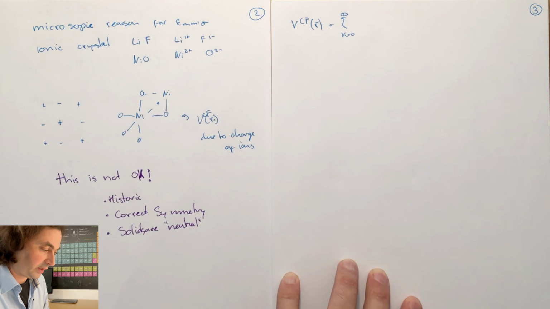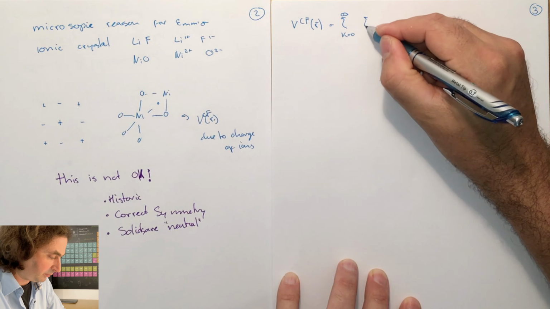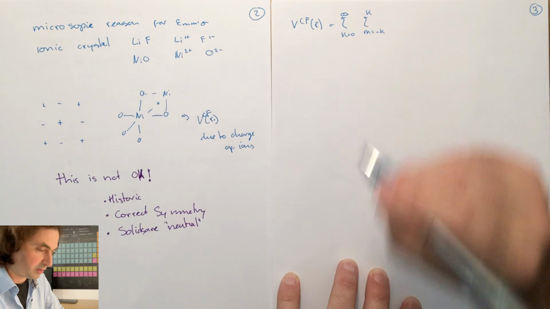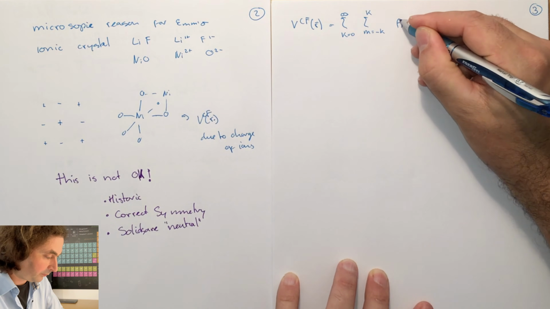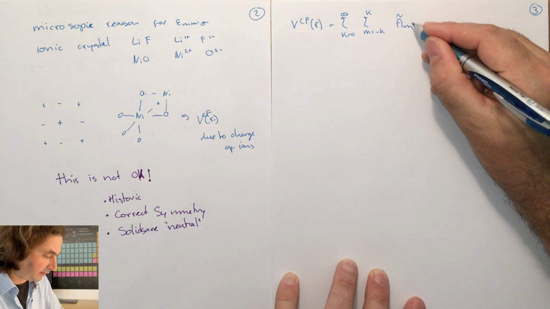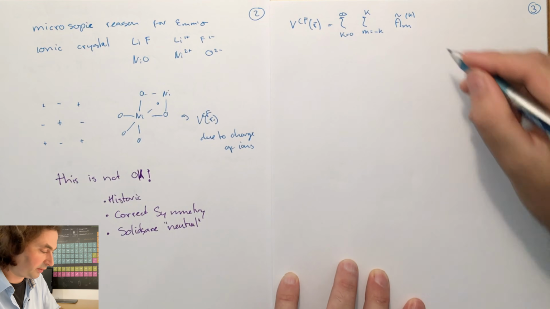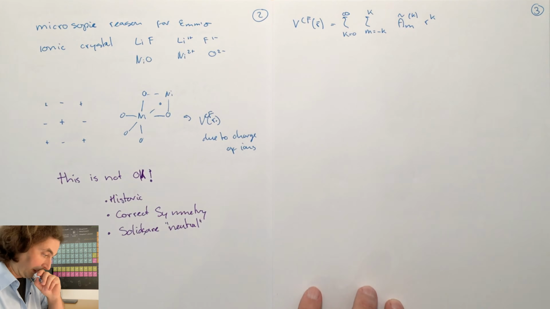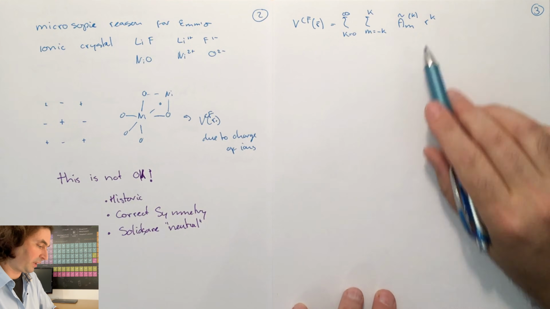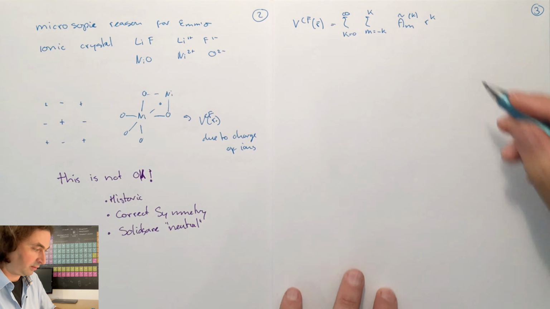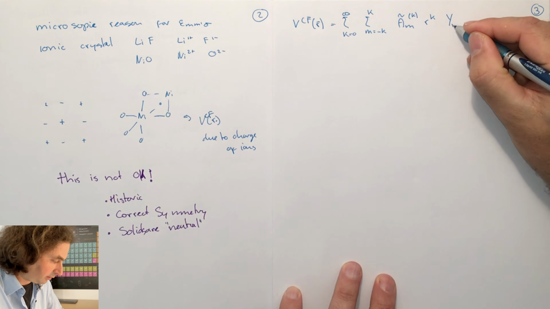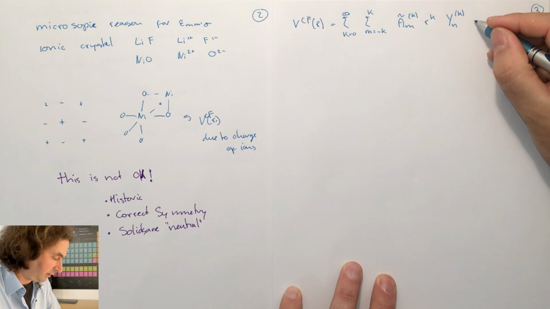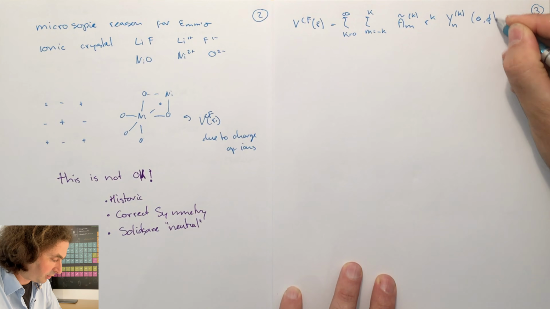And for that we have a sum over the angular momentum k that we have in our potential, and then a sum over the z projection of our angular momentum. And we have some prefactor that depends on the material at hand. Then we have a polynomial in r to the power k, because I make an expansion on spherical harmonics in the angular dependence, but not in the radial dependence.